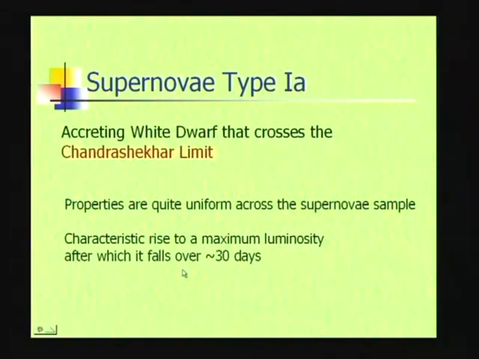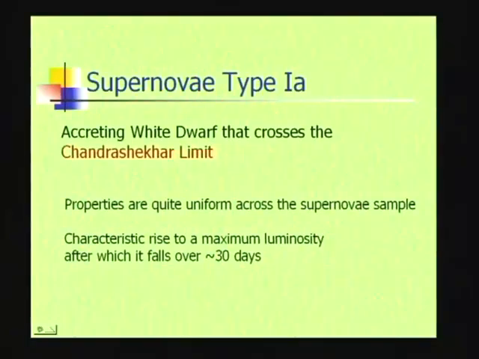Now, supernova of type 1A are particularly useful for cosmology, determining cosmological distances. Okay. So, what are supernova of type 1A? Supernova of type 1A, it is believed, are white dwarf stars.